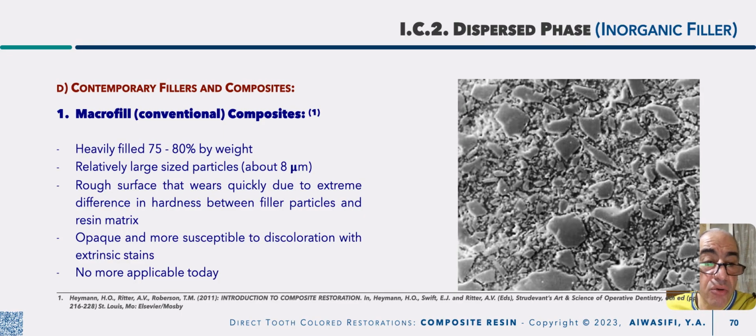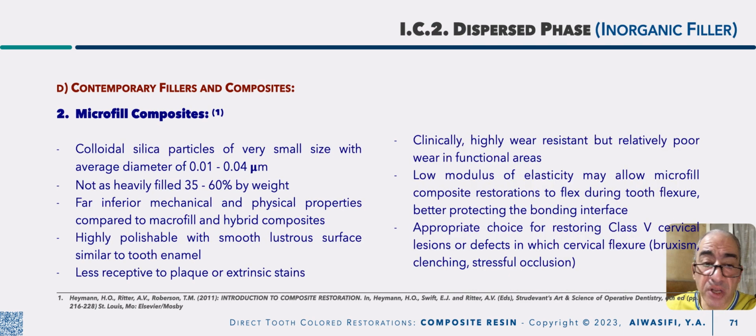This is the macrofill one, which is no longer used nowadays. Okay, microfill composites, which is used today, although its modulus of elasticity is lower than other regular composites. That's why it is the material recommended for restoring class 5 carious lesion, especially if the patient has cervical flexion due to stressful occlusion or parafunctional habits.